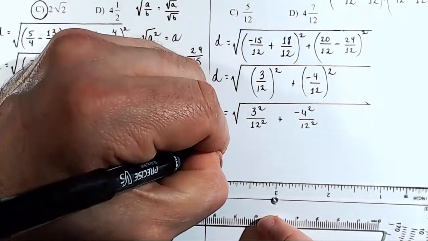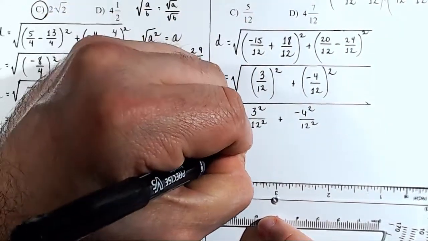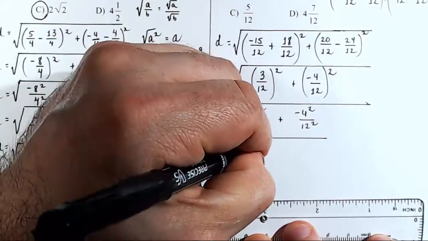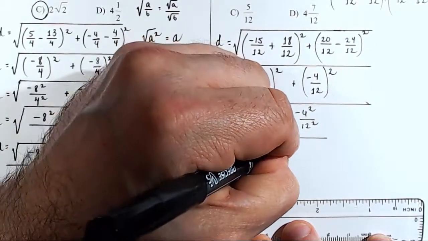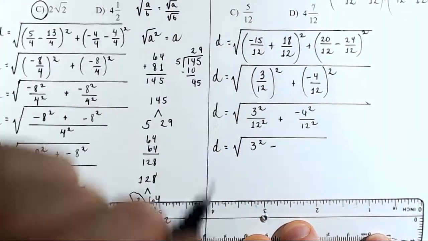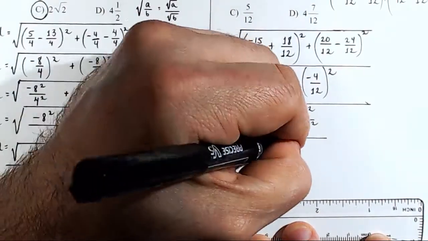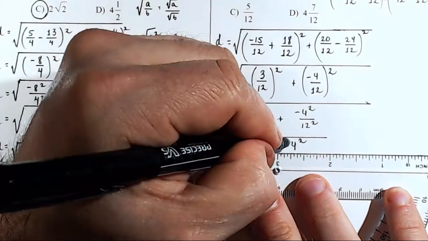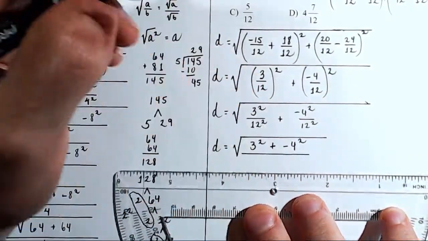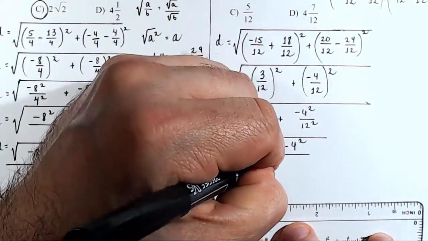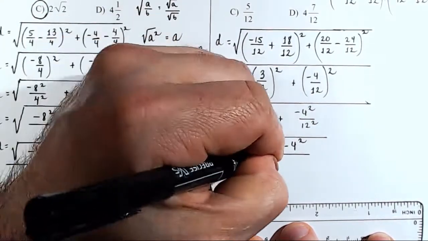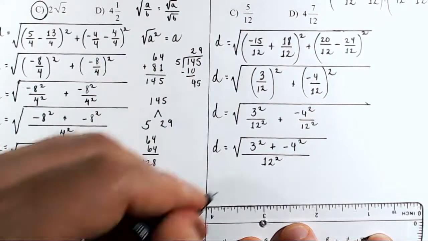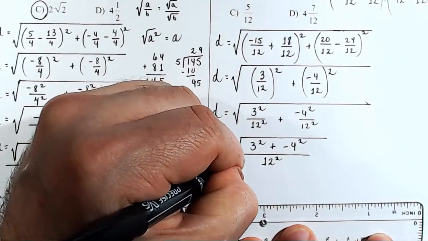Okay, so d is equal to the square root of 3 squared plus negative 4 squared over 12 squared. Okay, and this square root symbol came all the way down here.